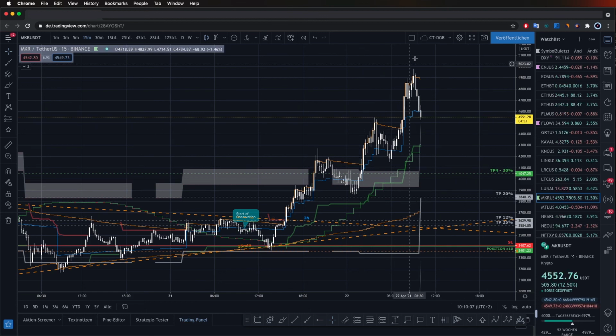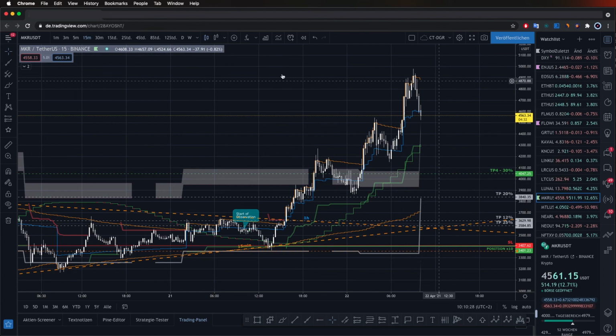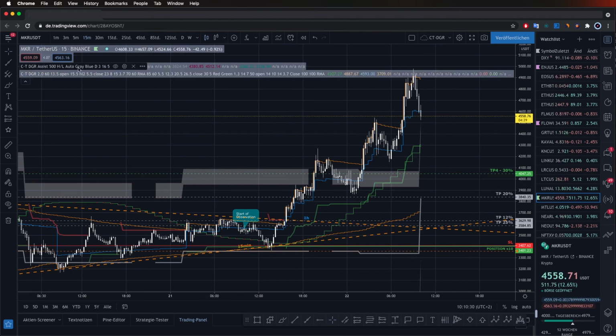But when a coin is going up like crazy, now would be a moment to check if there is anything in the news about MKR, if I can expect this coin to rise even higher, because we broke our all-time high somewhere around here. So everything now is like a new field. There are no really new resistances we can break or anything.